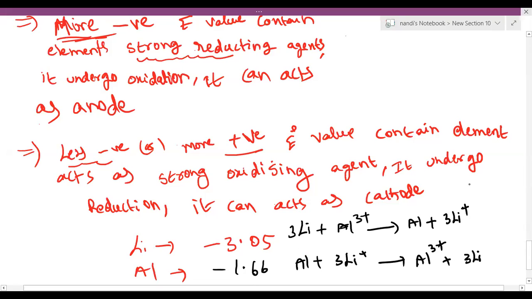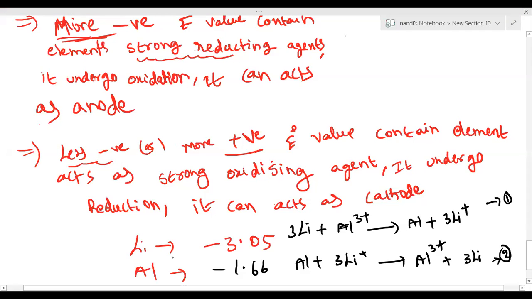First one or second one? I am giving, sir, equation 1 this is, then equation 2. Which is feasible? Which can act as reducing agent, first you can find out. Lithium or aluminum? Which is good reducing agent here? Lithium. So in which case lithium acts as reducing agent here? Can you find please?